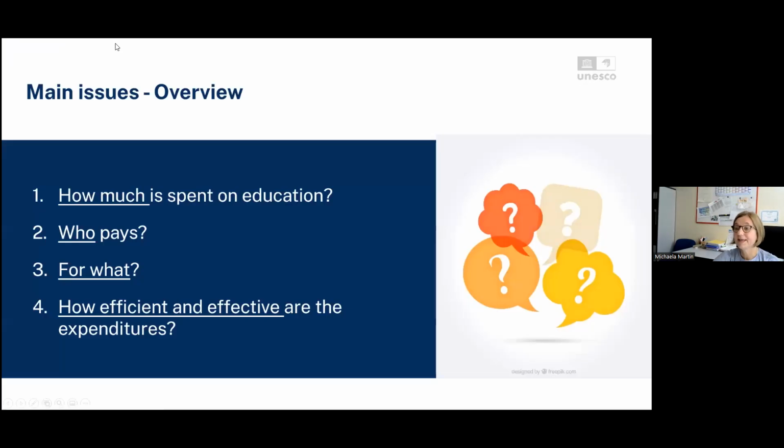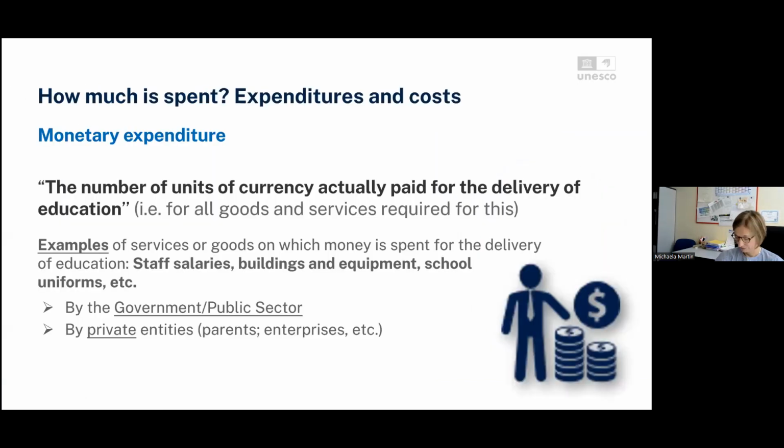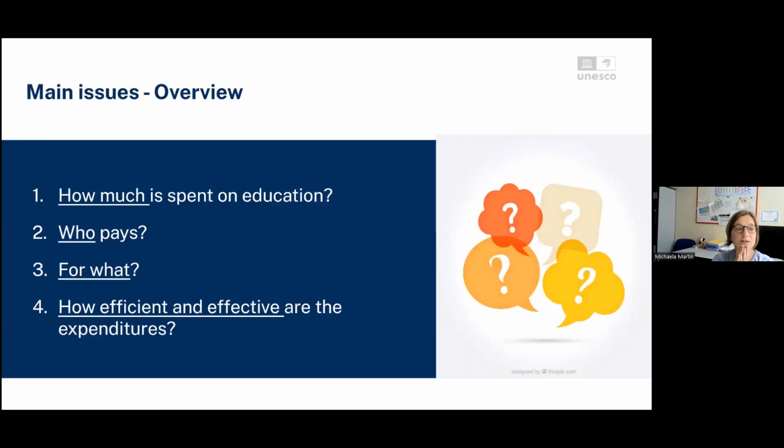Now, so basically the questions that we ask analyzing cost and financing in an education sector diagnosis are very simple. They are quite intuitive. There are 4 questions. How much is spent on education? What is the volume of money that we are spending on education?